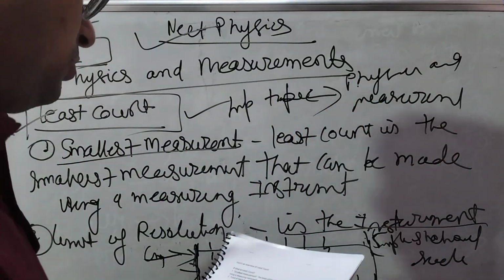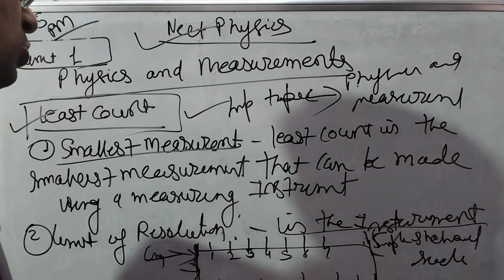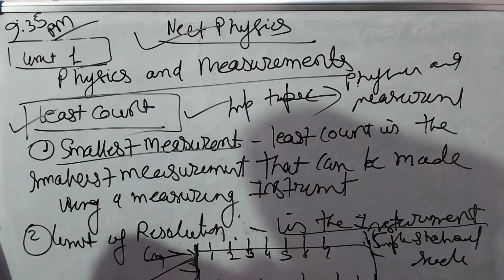What is the least count? Least count is the smallest measurement that can be made using a measuring instrument. This scale is a measuring instrument.